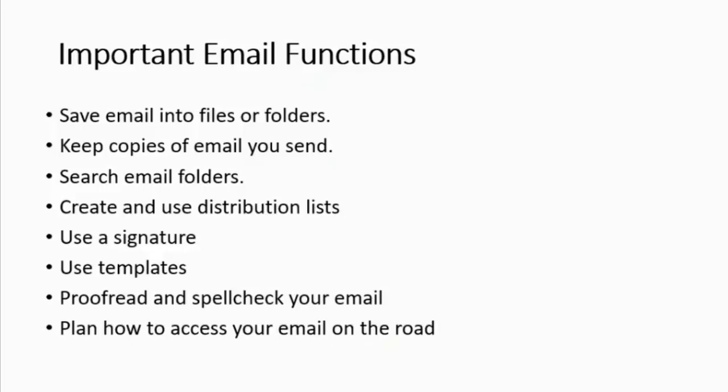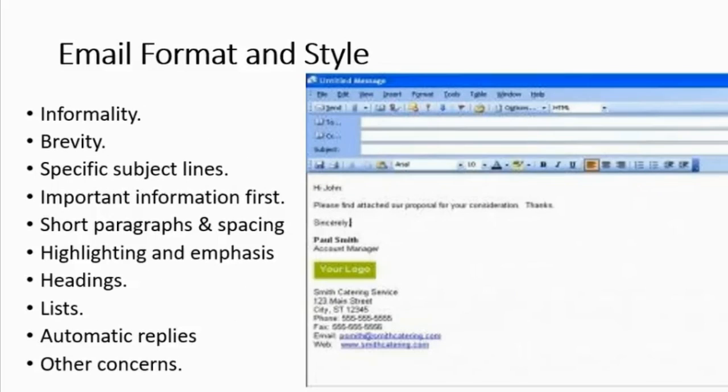Otherwise, use a free email service such as Gmail, or use software that enables you to log in to your office computer and work as if you were sitting right there. So these are some important email functions. So let's move towards the email format and style.